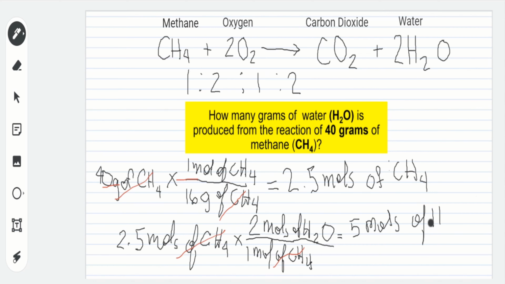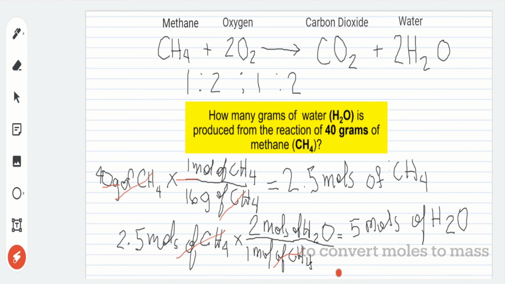Now, we're not yet done kasi we want to know the number or the amount of water in grams. Okay? So, gagamitin natin ulit, hanapin natin yung molar mass ng water para ma-convert natin itong 5 moles of water into grams.